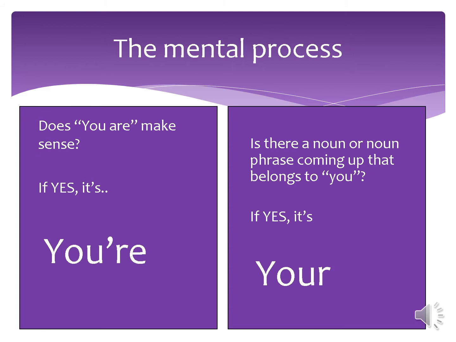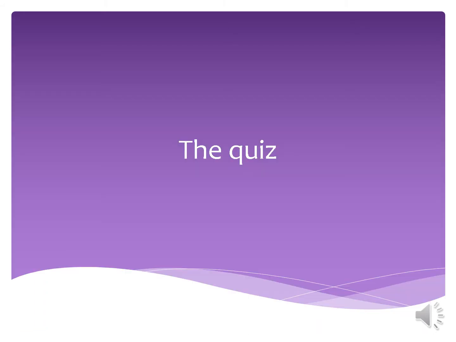Or is there a noun that belongs to somebody, in which case it is your. The way that I've organized this, firstly I will have a quiz, or I think I've called them examples in some of the slides as well.